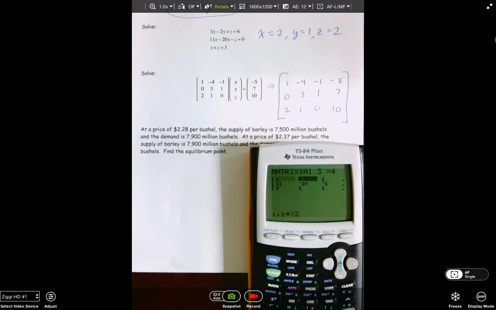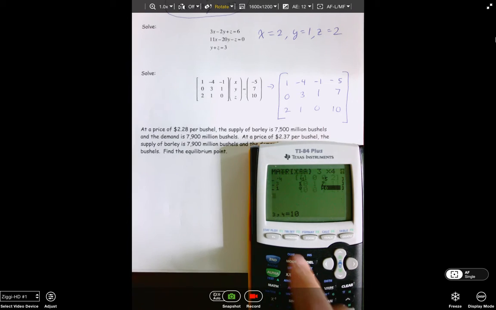So 1, -4, -1, -5, 0, 3, 1, 7, 2, 1, 0, 10.